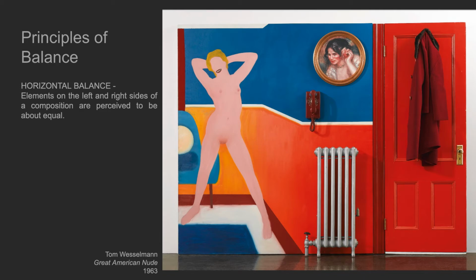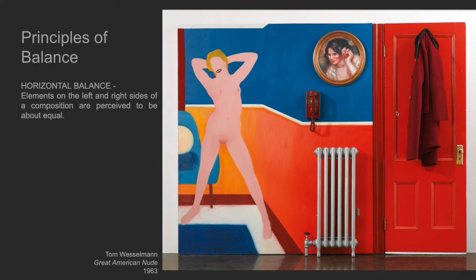This is a good example of horizontal balance because on the left side and on the right side, this figure is in this line here. It's about the same as this area here.